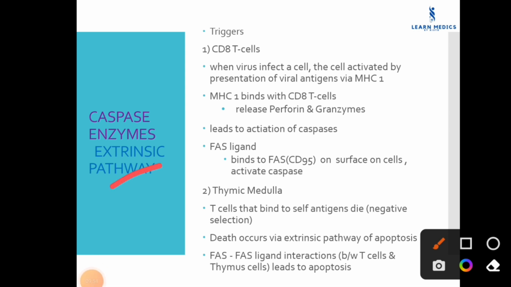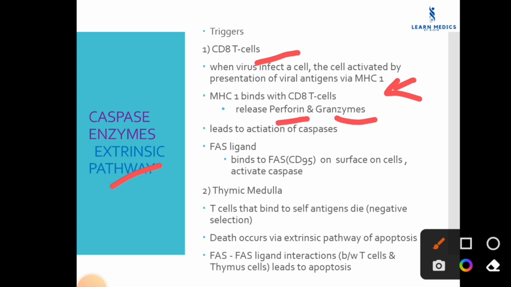The first one is the CD8 T cells. When a virus infects a cell, the cell presents viral antigens. We know that for the adaptive immune system, the antigen should be presented, so that B cells and T cells are activated. So it needs viral antigen presentation, and MHC1 binds with the CD8 T cell, which releases perforin and granzyme.